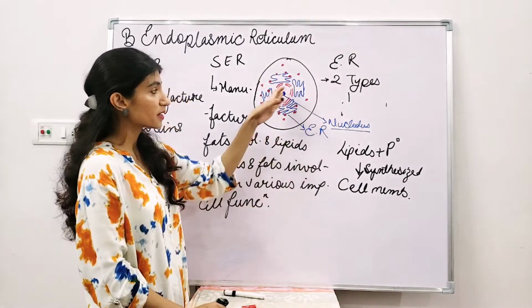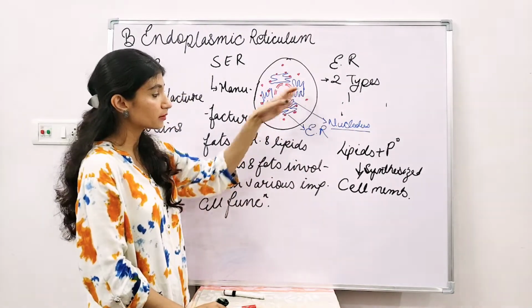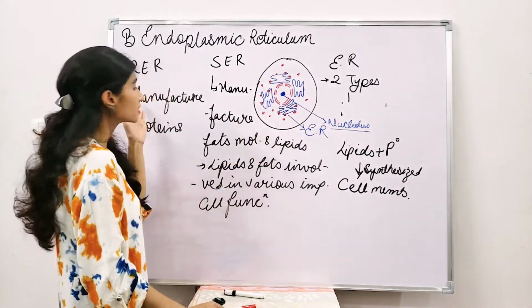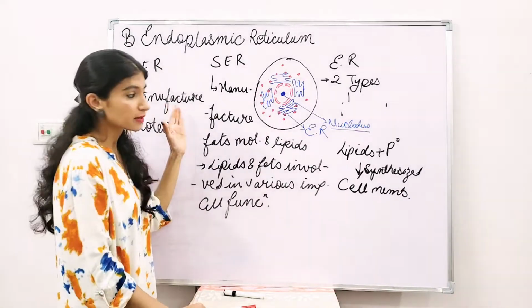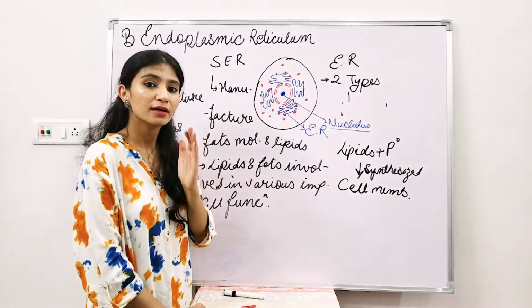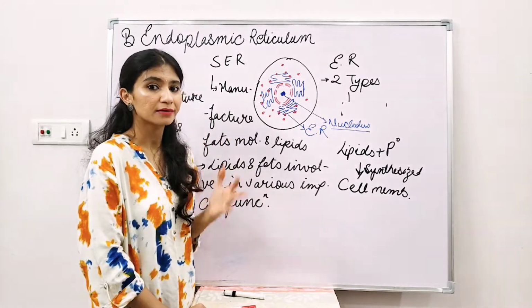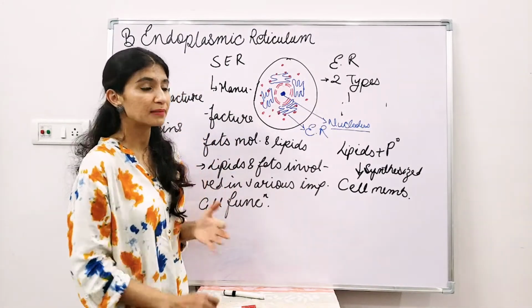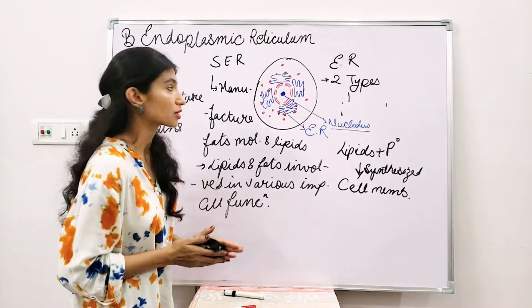Lipids from the smooth ER and proteins from the rough ER together synthesize the cell membrane, and the ER membrane and cell membrane are similar in structure.